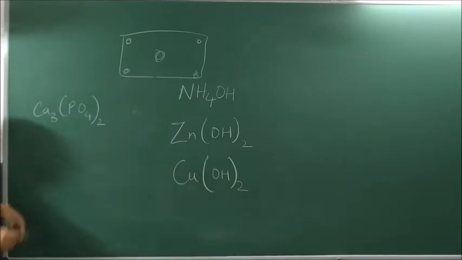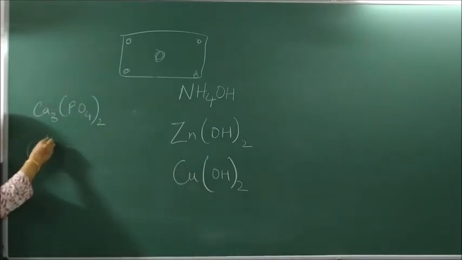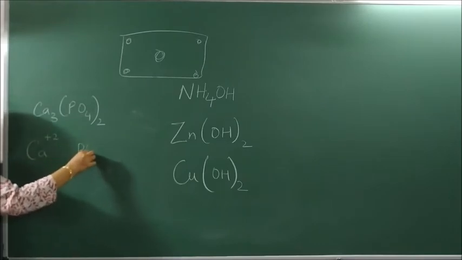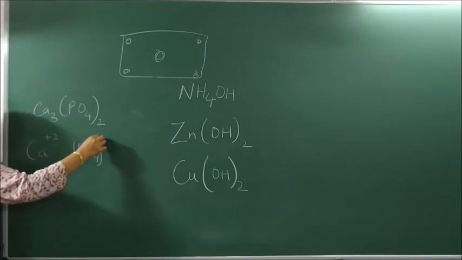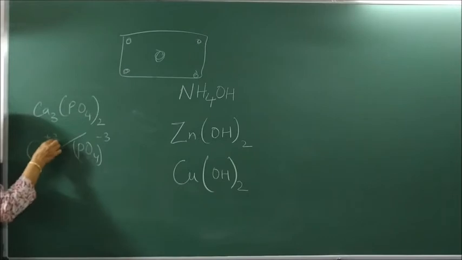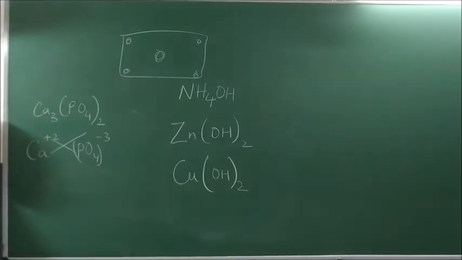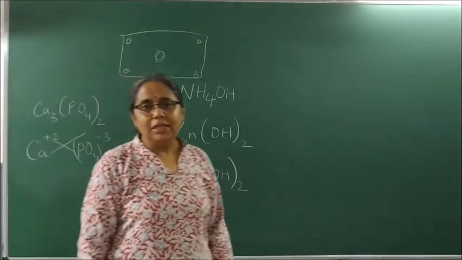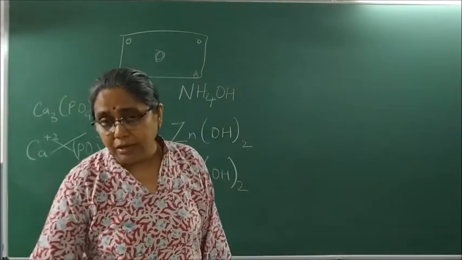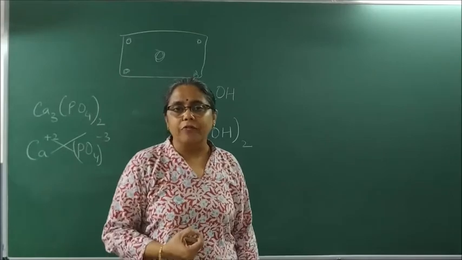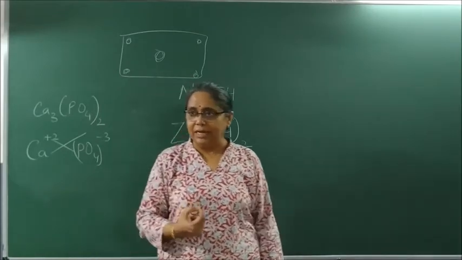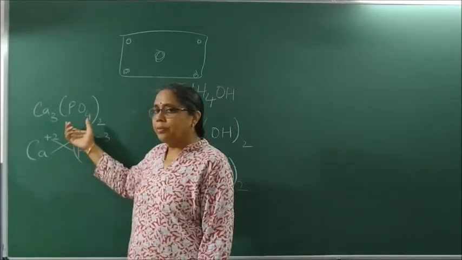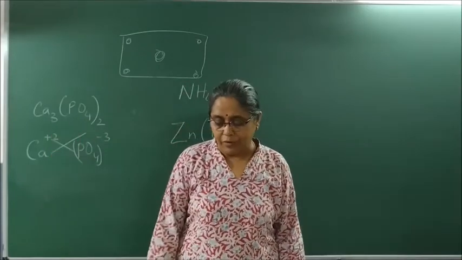From there, Ca has a charge of +2, PO4 has a charge of -3. If I cross multiply, I get what? Ca3(PO4)2. So calcium phosphate basically helps in making the outermost covering of the tooth, which is called dentine. So the tooth is basically made up of what? Calcium phosphate.